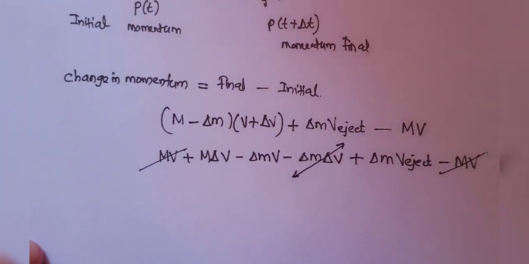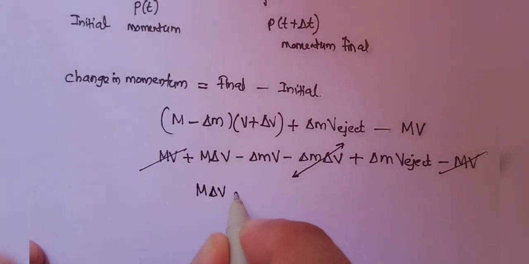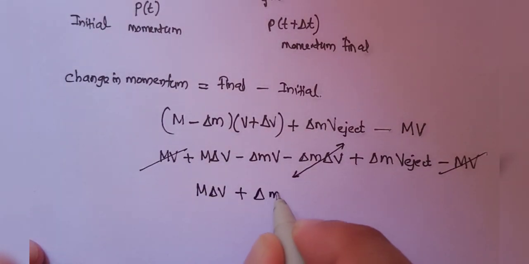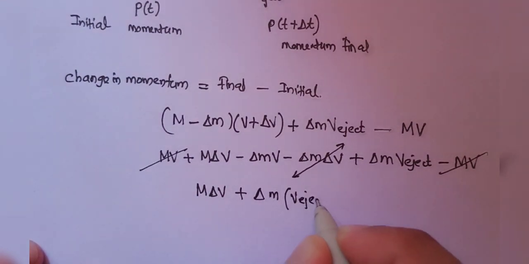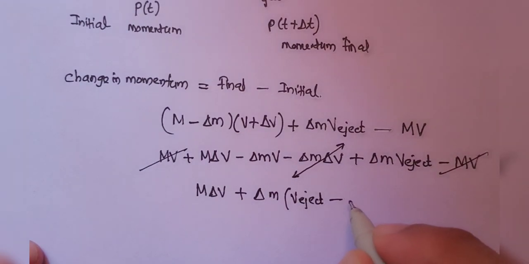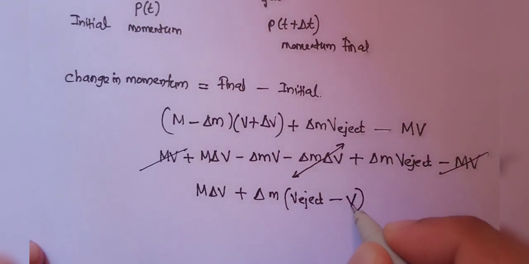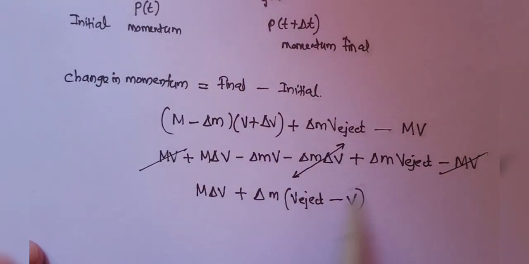Okay, now we can write this equation like this: m delta v plus delta m into, I can put this into a bracket, v eject minus v. Just I have done some rearrangement. I have taken delta m common and v eject minus v. So v eject minus v is nothing but delta v, because it is basically minus delta v.